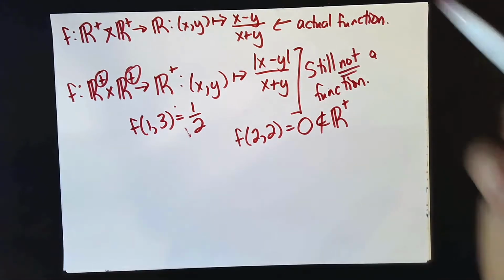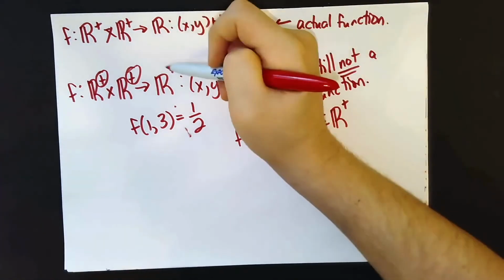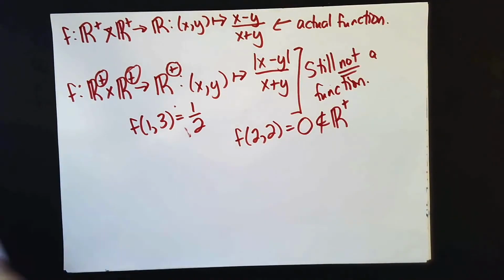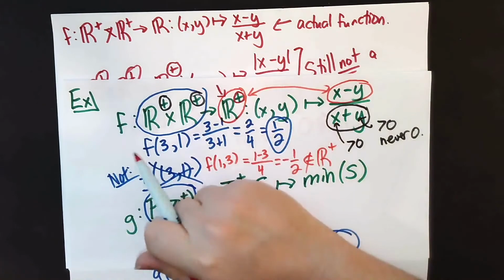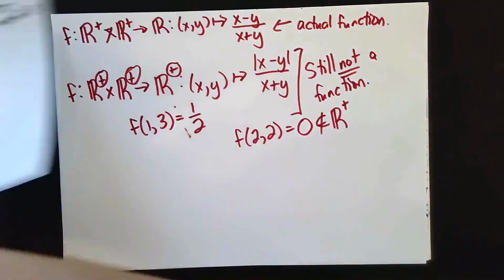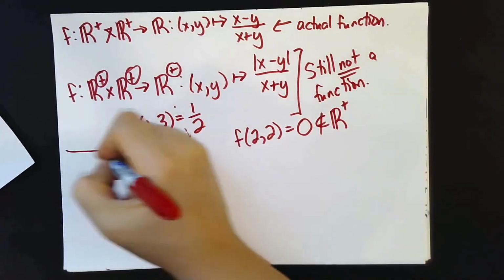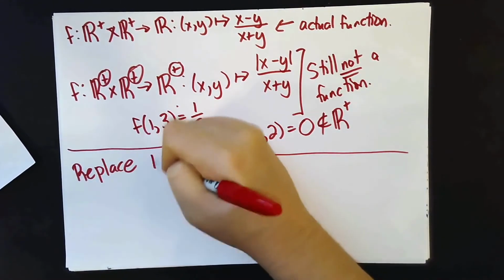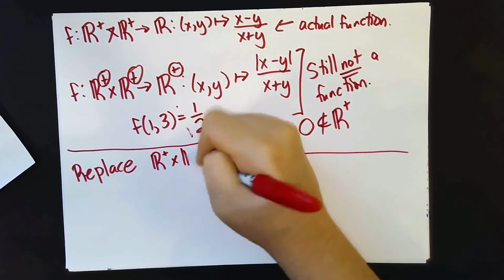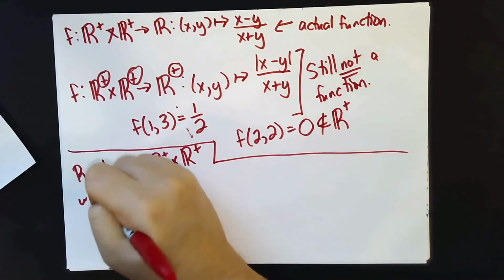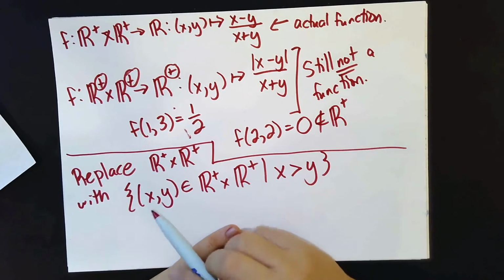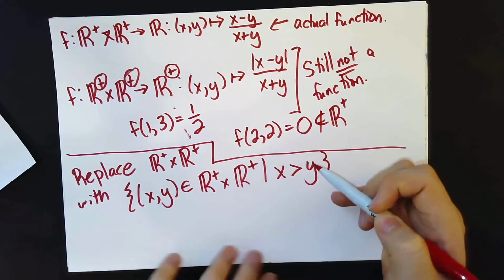As a result, if you want to fix this without changing the listed codomain, you actually have to butcher the domain quite a bit. And so, if you really do have your heart set on leaving this as an R+ in the codomain, then what you can do is replace the domain with this, that is with the set of pairs (x, y) where x is bigger than y.